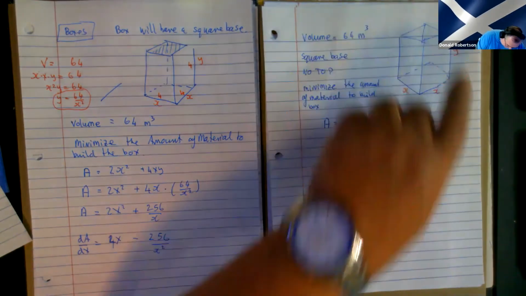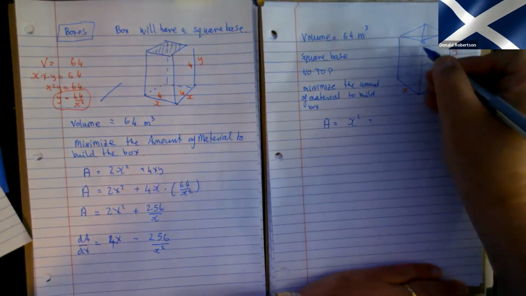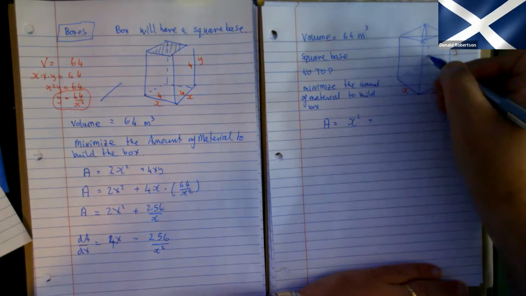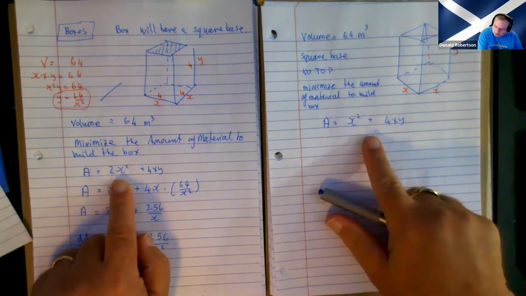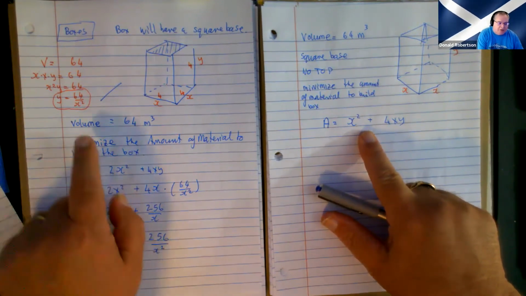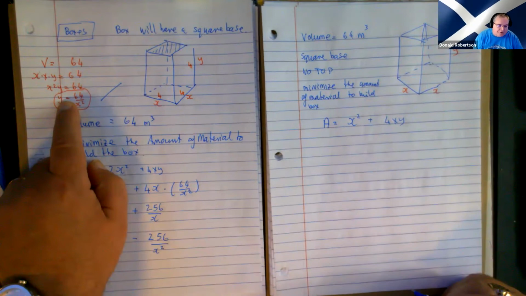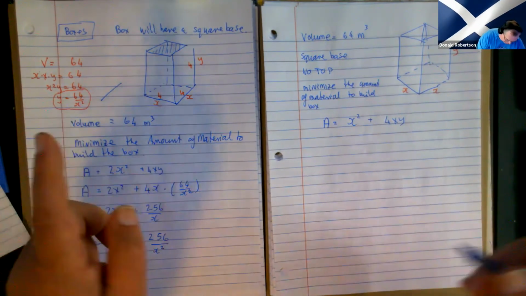If you have no lid, isn't it just going to be a single x squared with 4 vertical pieces? Not a lot of difference, agreed?